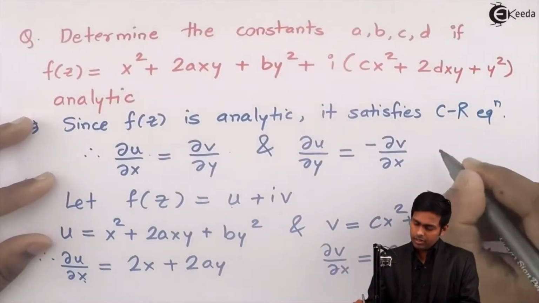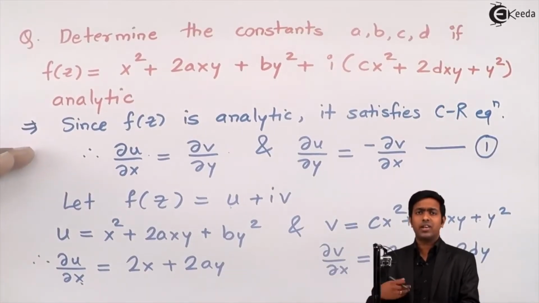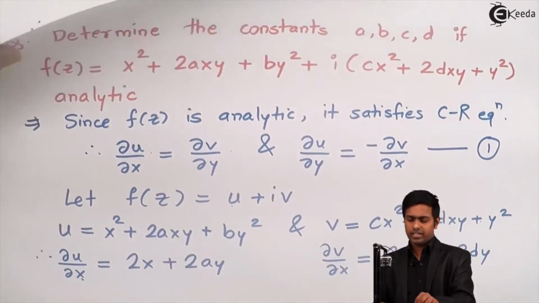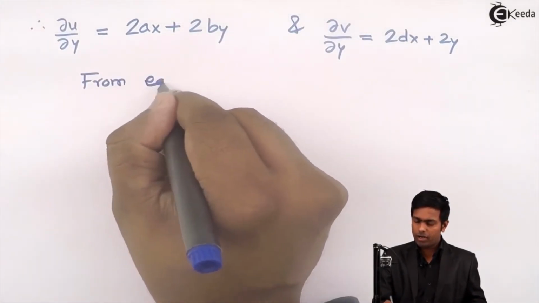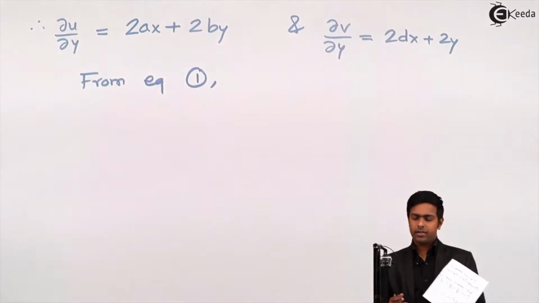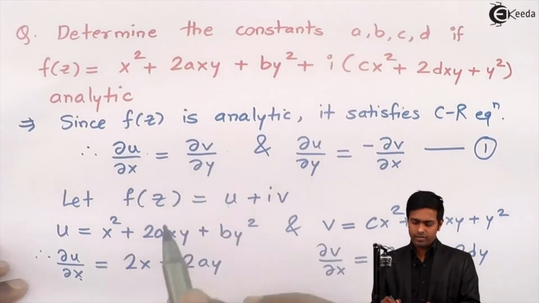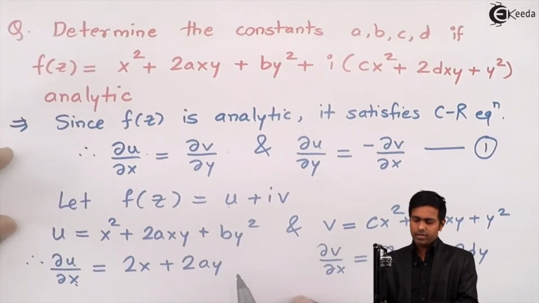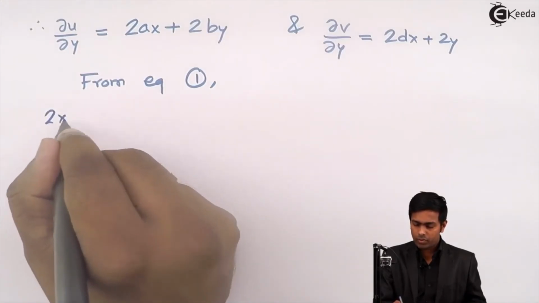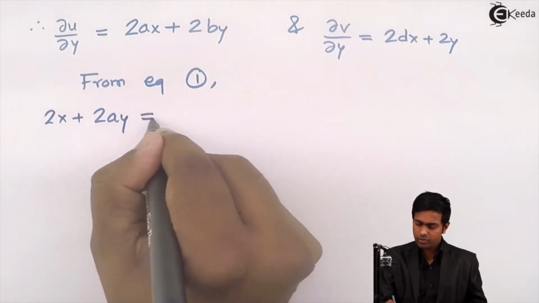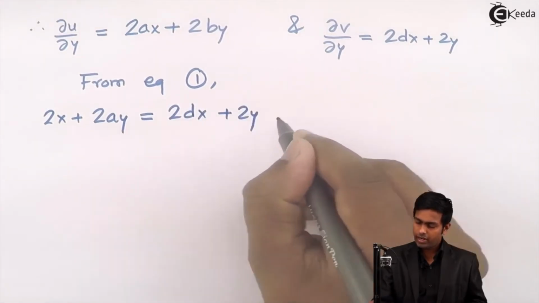Now let's say this is equation number 1, and let's substitute these 4 terms in equation number 1. From equation number 1 we get ∂u/∂x = ∂v/∂y. So ∂u/∂x is 2x + 2ay, equal to ∂v/∂y, that is 2dx + 2y.